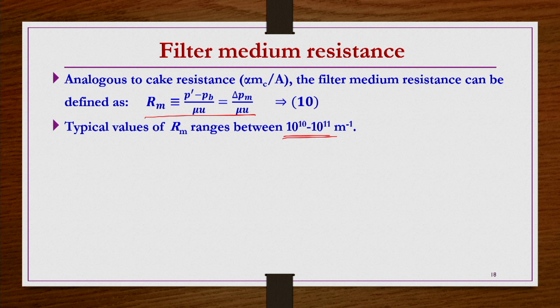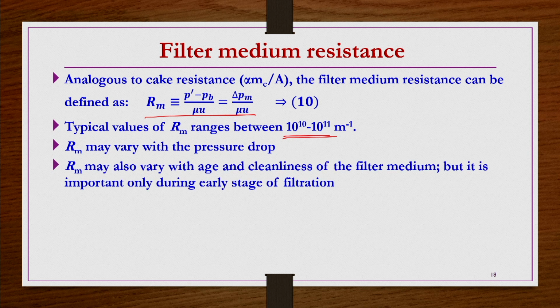So, now we have expressions for the cake resistance as well as the filter medium resistance. Okay. Rm may vary with the pressure drop, and may also vary with age and cleanliness of the filter medium, but it is important only during the early stage of filtration, as already mentioned, because as the filtration process progresses, more particles are deposited, and the cake resistance would dominate over the filter medium resistance.